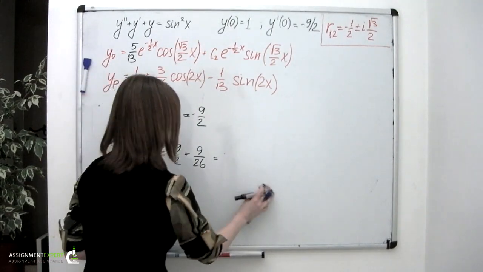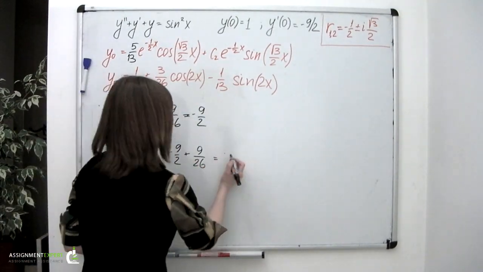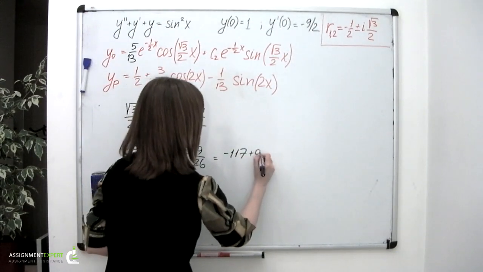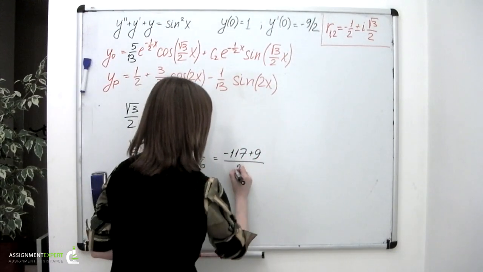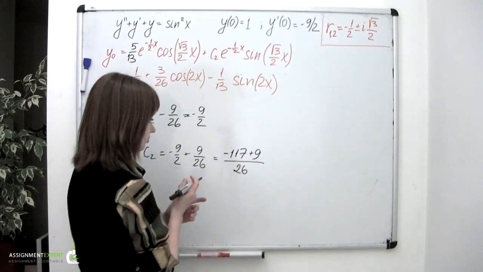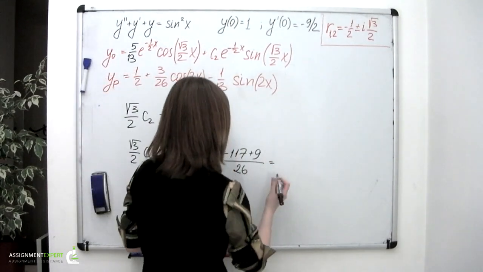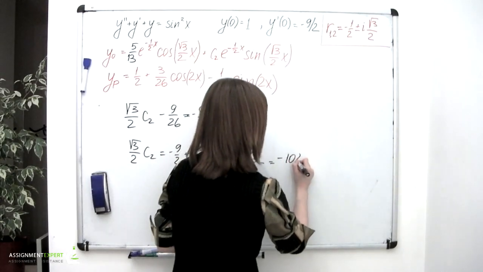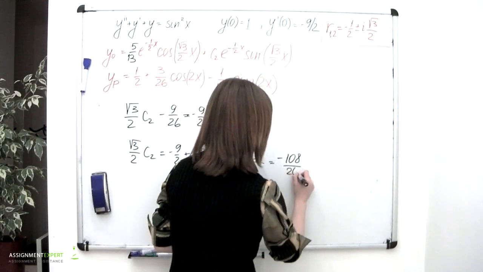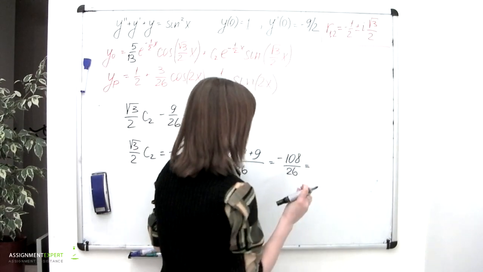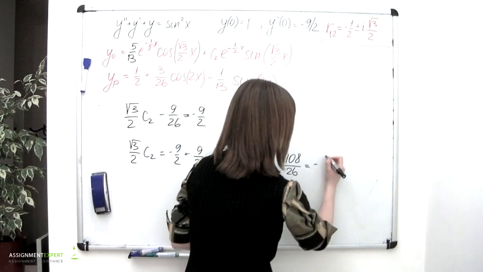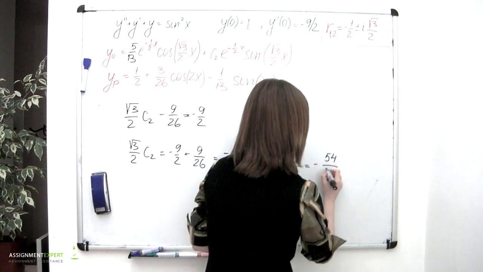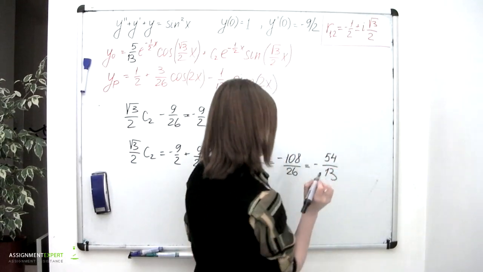Okay. So we have negative 117 plus 9 over 26, which now is equal to negative 108 over 26, or negative 54 over 13, I believe so.